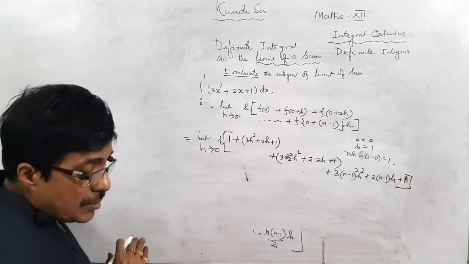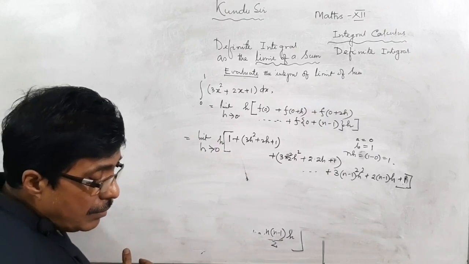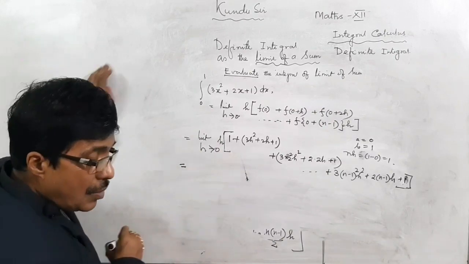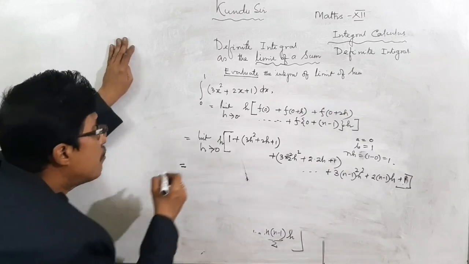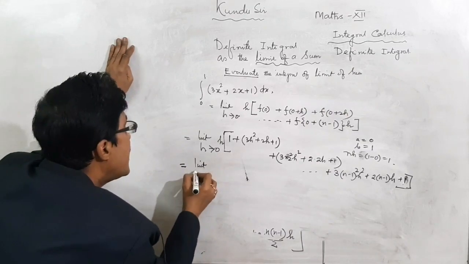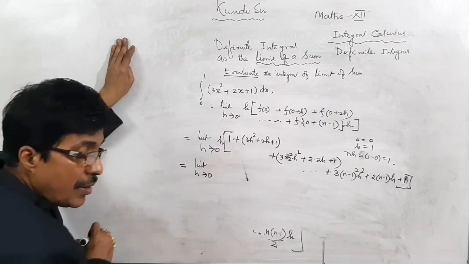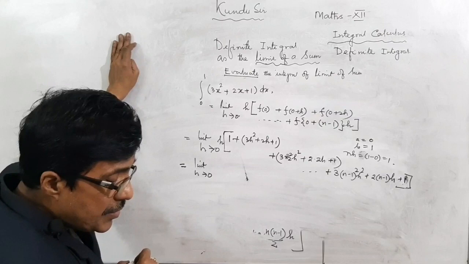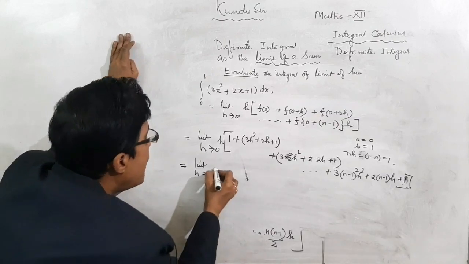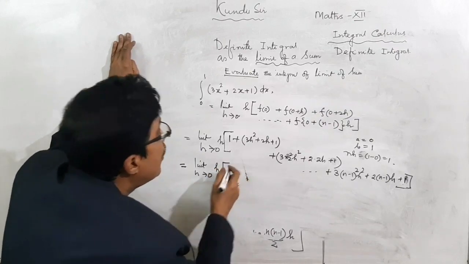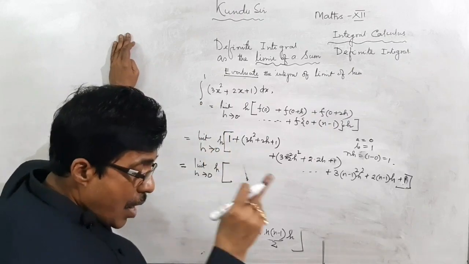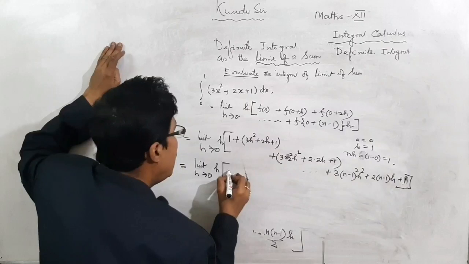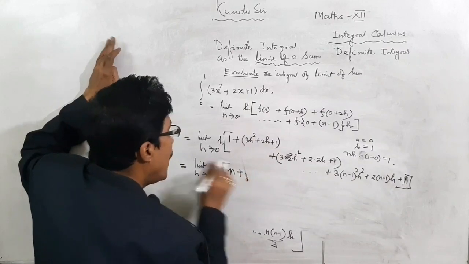Now we are arranging. We can write the limit as h tends to 0 of h, then we get 1 n times, that is n into 1.